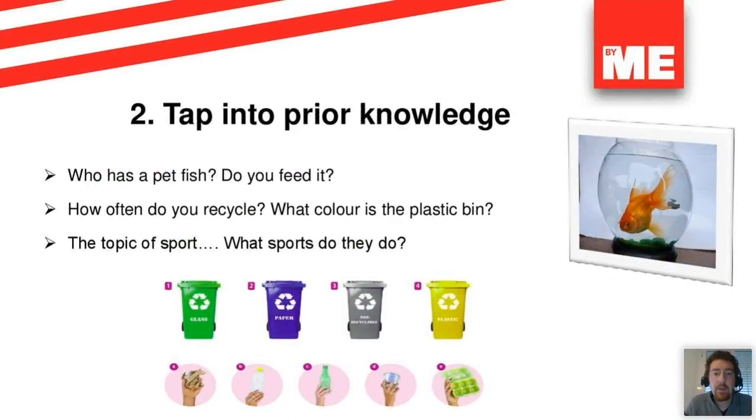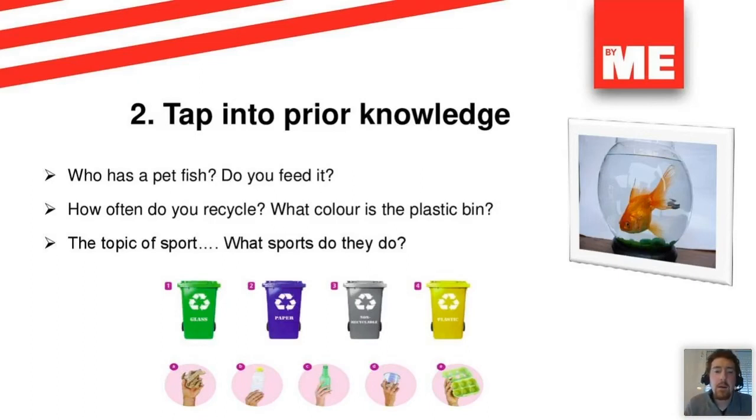If we look at these 2 images, for example, do you have a pet fish? Do you feed it? Part of the natural science book will be the parts of the fish, the tail, the fins, the scales, the head, the body. Maybe you want to have a pet fish in the classroom where the students can feed it and they're repeating what they practice at home for those who have a pet fish.